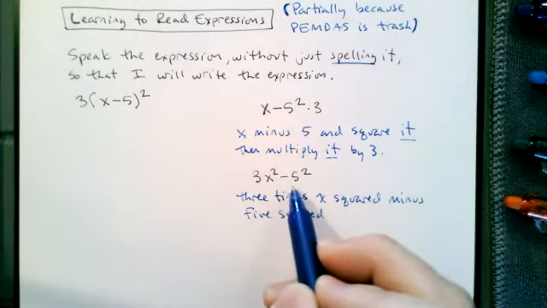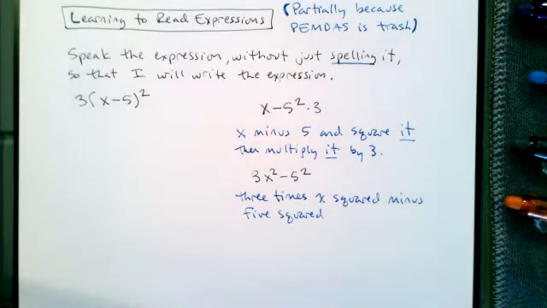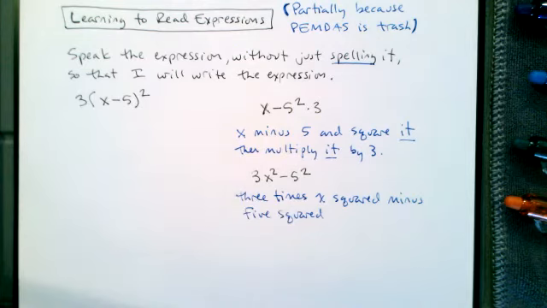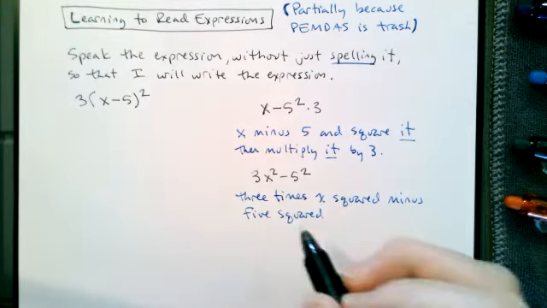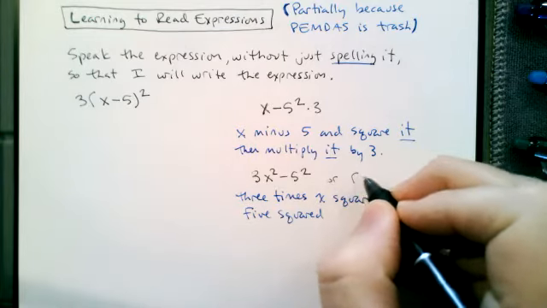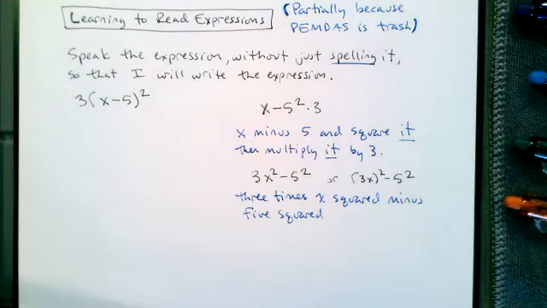We can't just square the two terms because exponents do not distribute over sums. So I can't write an equivalent version of this where I just square the two terms. That's exponents do not distribute over sums. Also, I might read the same thing, 3 times x squared minus 5 squared. So there's a little lack of clarity there about what we mean.